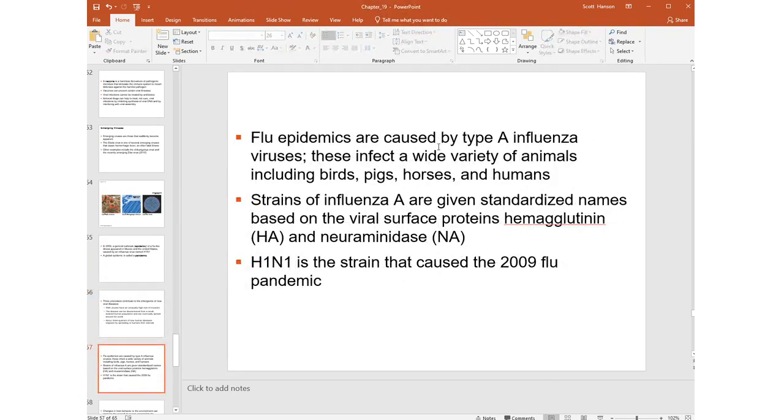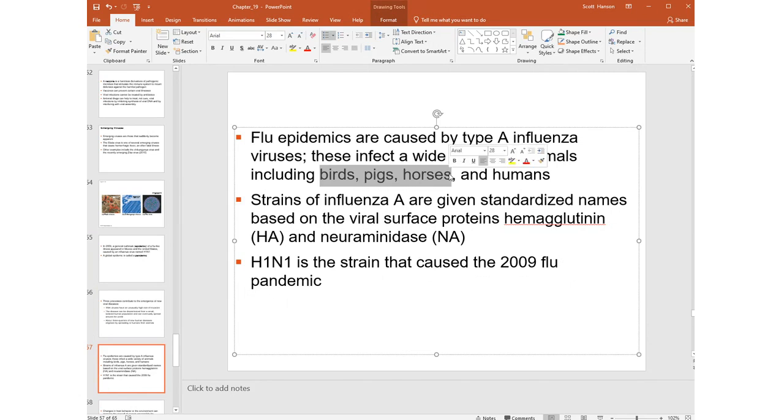So flu epidemics can be caused by type A influenza viruses, but they infect a wide variety of animals, including birds, pigs, horses, as well as humans. Different strains of influenza A are given standardized names based on the viral surface proteins, the hemagglutinin. Hemagglutinin is a surface protein on a virus that causes human antibodies to react against it.